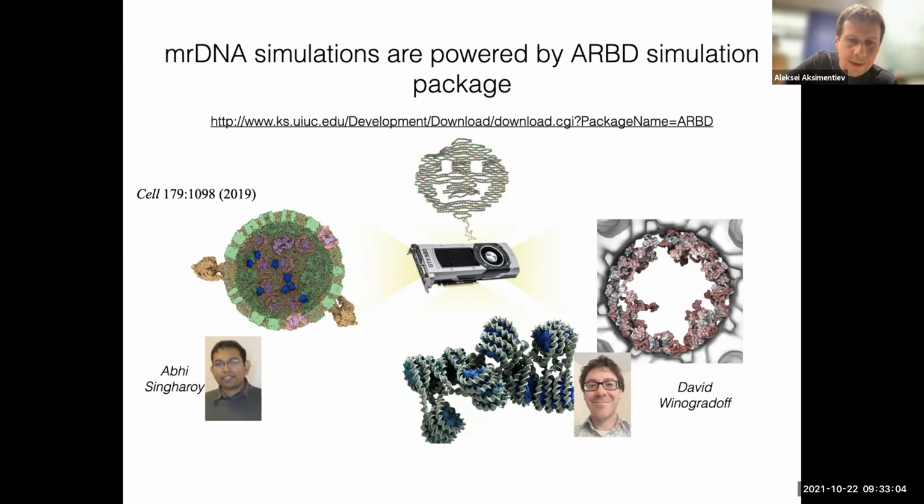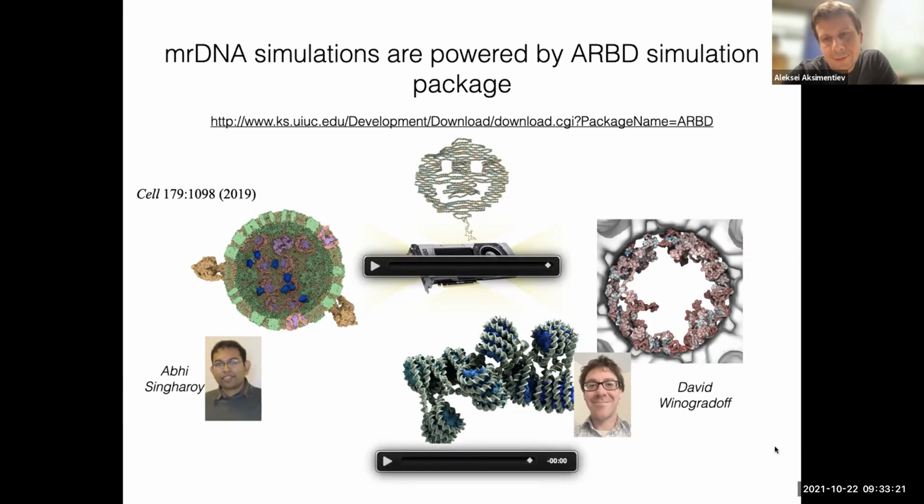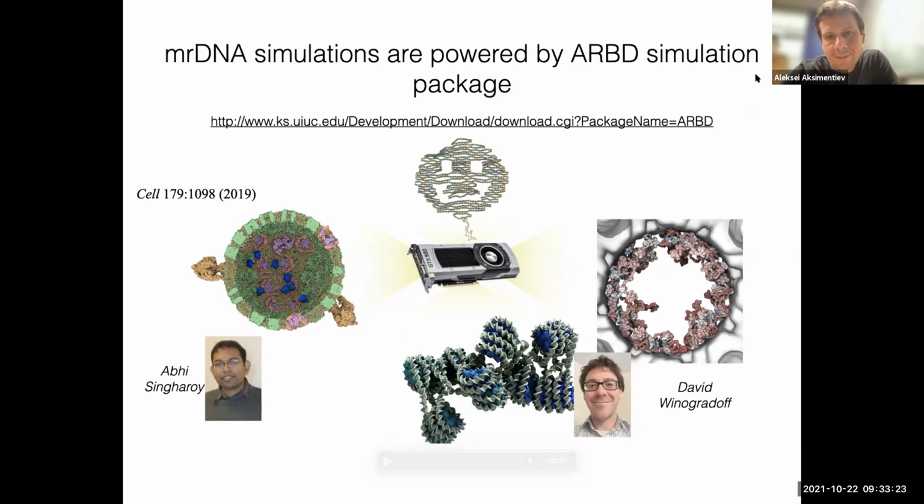It's a fairly general package. You can model chromatin, nuclear pore complex, and many other things. I guess the good and the bad thing about it is it runs on GPU. So it runs very fast, but you need a GPU to run it. So if you want to do these multi-resolution simulations, you have to have either a laptop or a workstation with NVIDIA GPU. Otherwise, it's not going to work.